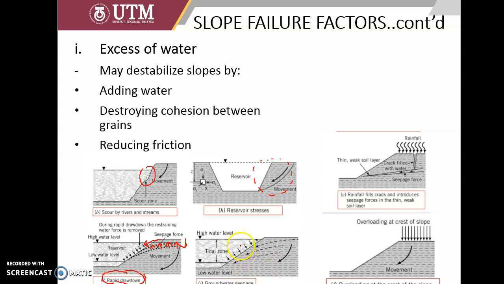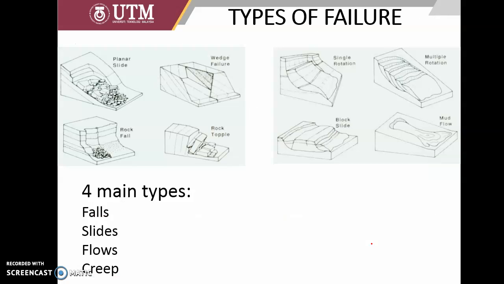And we can also have seepage. Water wants to seep into the ground, into the embankment, so it might jeopardize the original condition of the slope. And of course, heavy rainfall induces cracks, so the cracks will reduce the strength. Here we might induce a slope failure, and overloading at the crest of the slope.